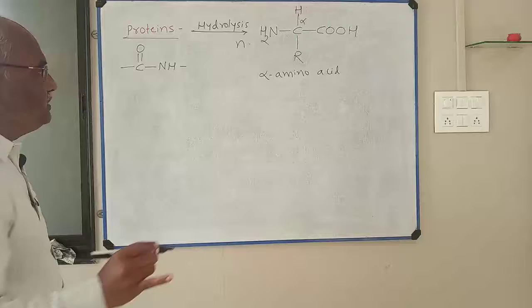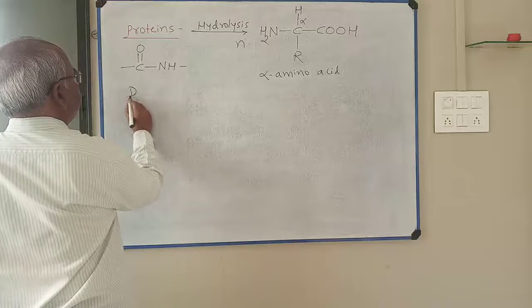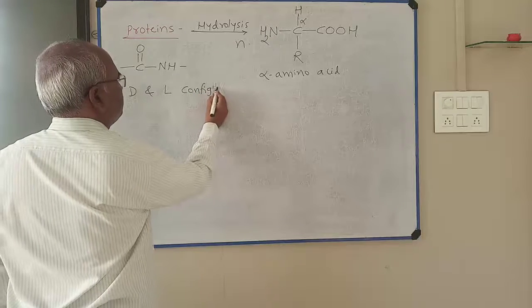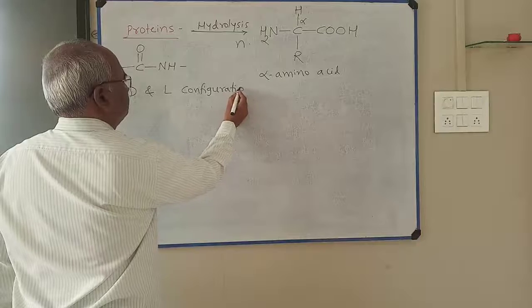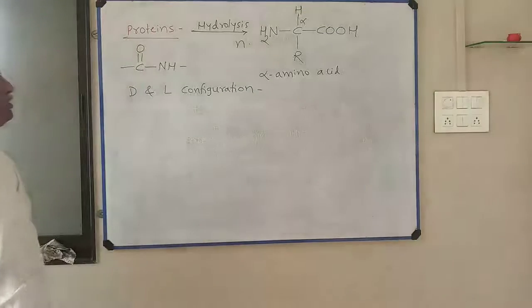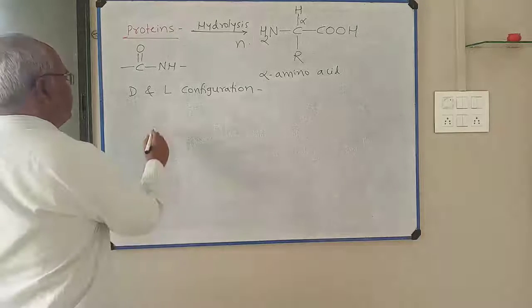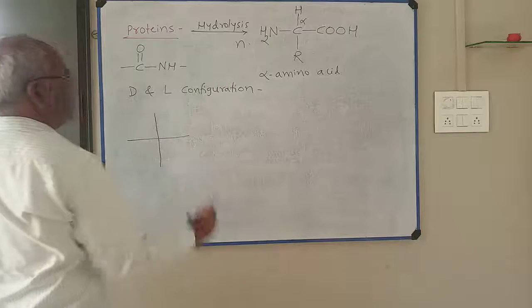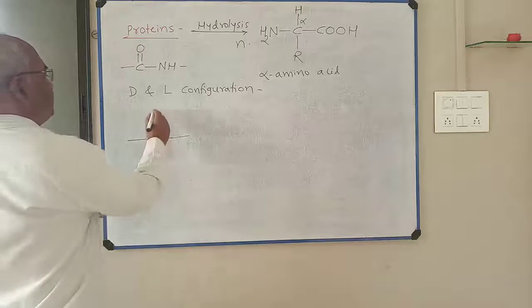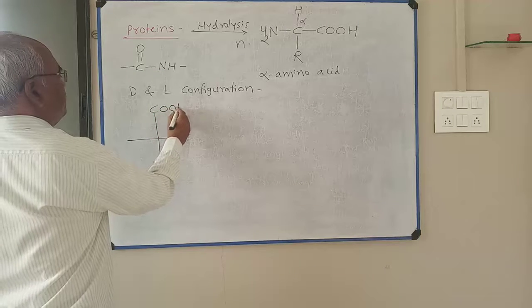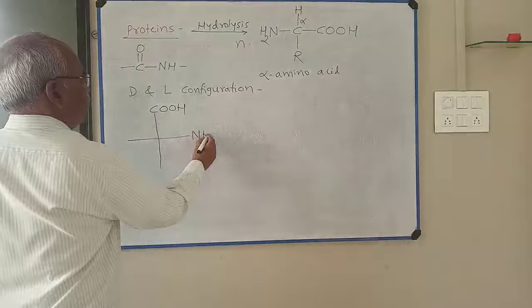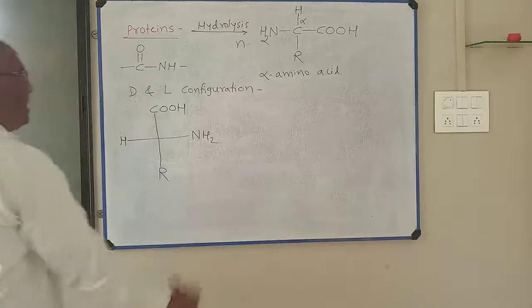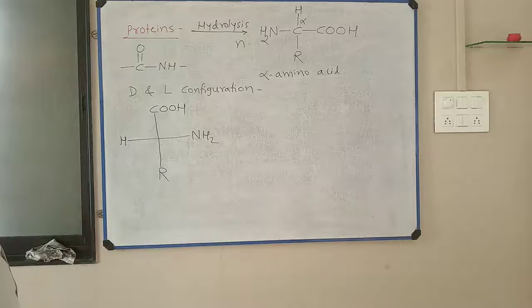After finishing this, I am going to explain D and L configuration. According to Fischer projection, an asymmetric carbon atom is denoted by crossed lines. Here is carboxyl group, here is amino group, here is hydrogen, and here is alkyl or aryl group.